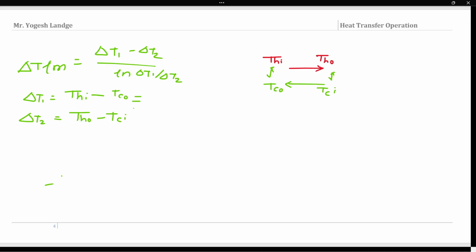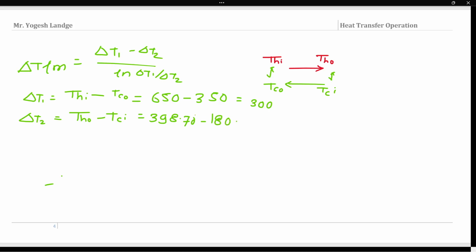THI is 650, the inlet temperature of the hot gas. The outlet temperature of the steam is 350, so it is 300. And THO, which we calculated, is 398.70, minus the inlet temperature of the steam, 180 degrees Celsius.